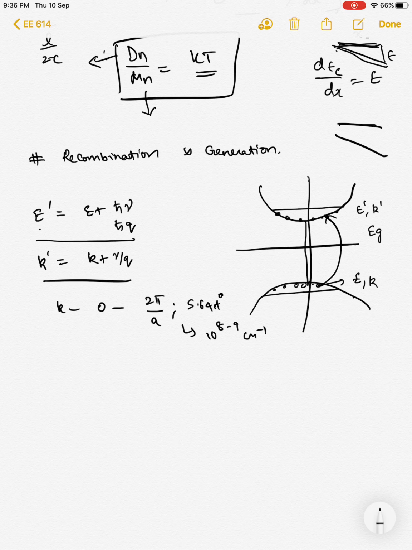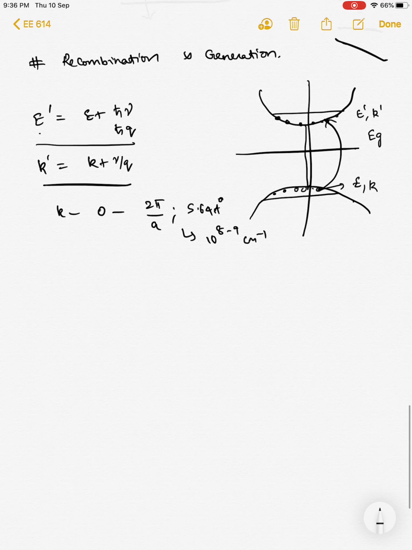Now if you take for example a photon, let us say a 532 nanometer photon, which has a k of about 18,736, the k vector of the electron in the valence band is about 10 power 8, whereas the wave vector of the photon is about 10 power 3 to 10 power 4.